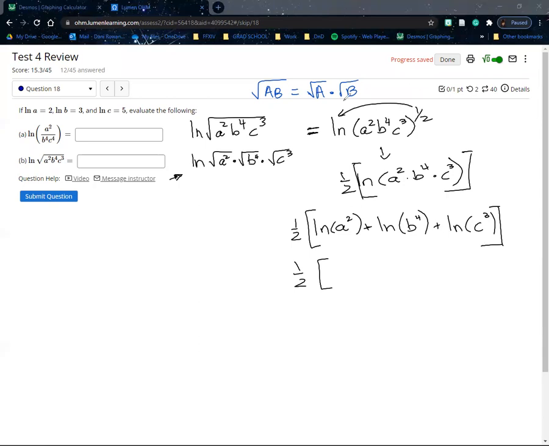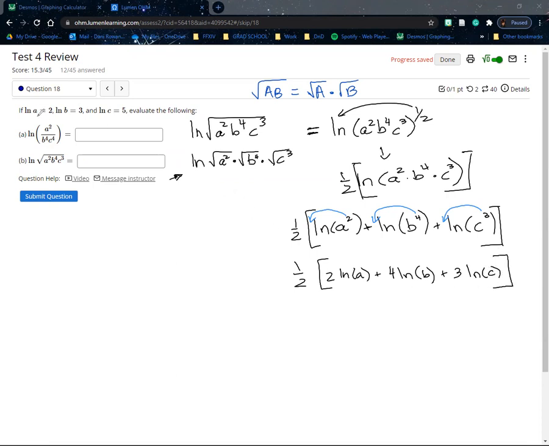First we need to bring these out to the front, right? So this is 2 natural log A plus 4 natural log B plus 3 natural log C.